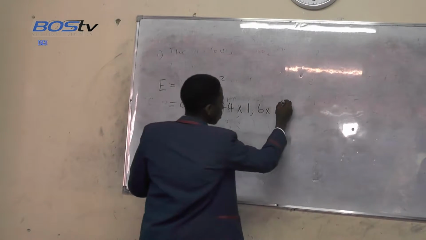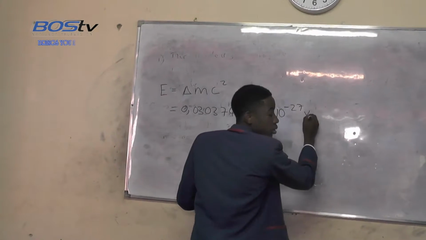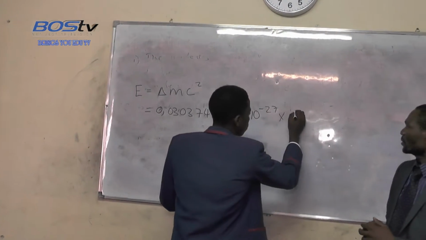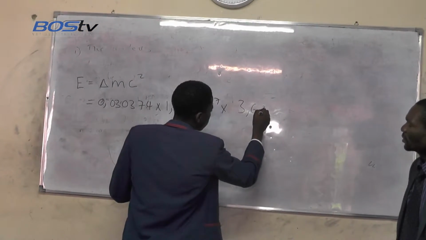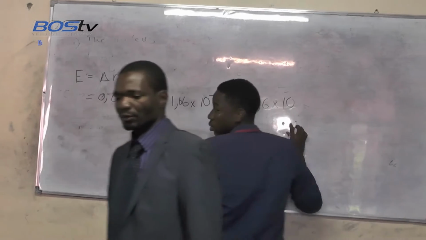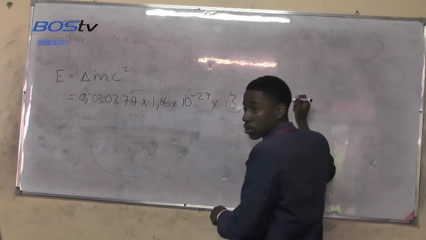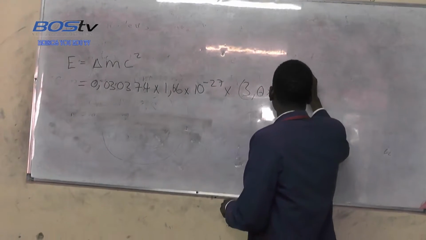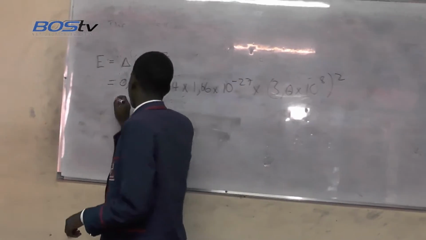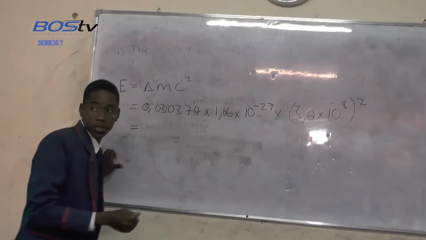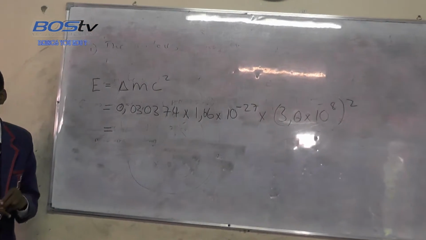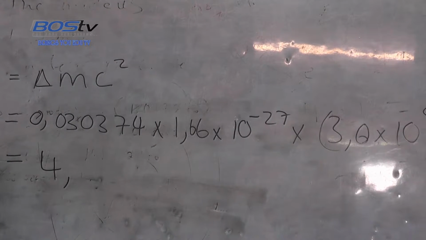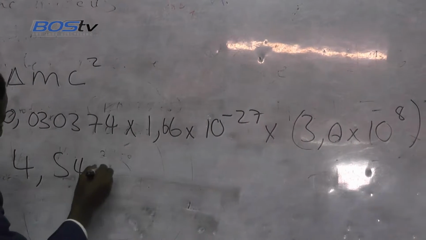Negative 27. Three times 10 to the... Then you get 4.5. 4.54 times 10 to the negative 11.